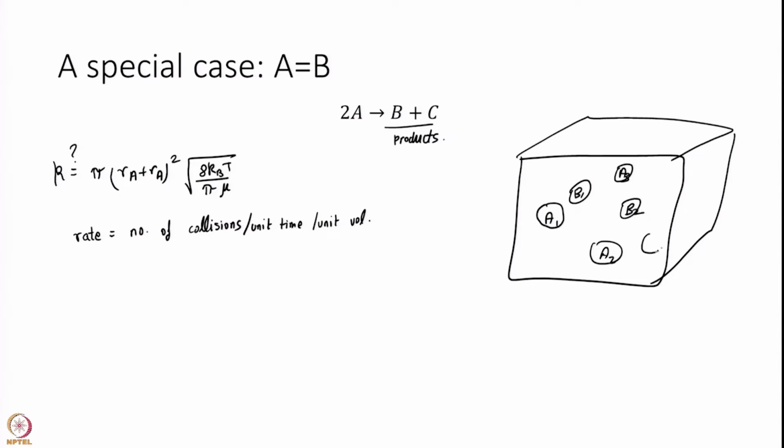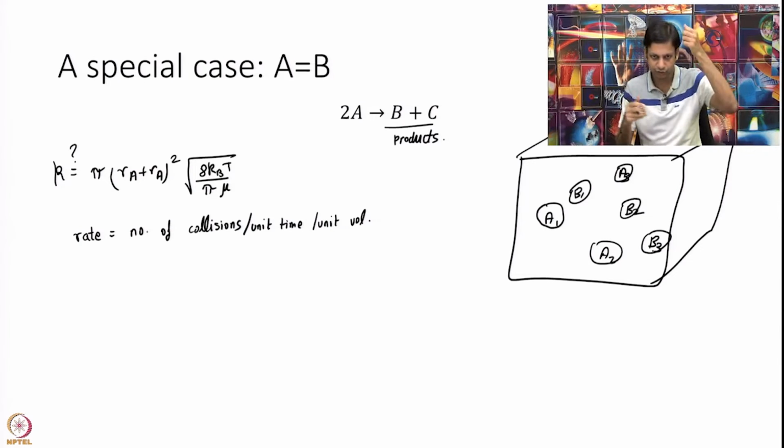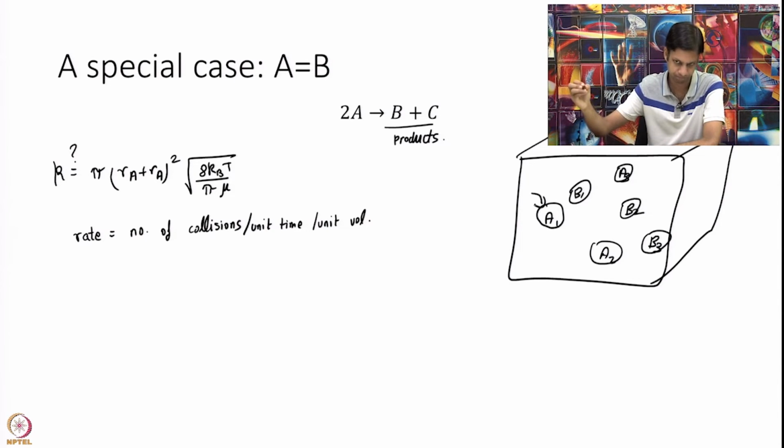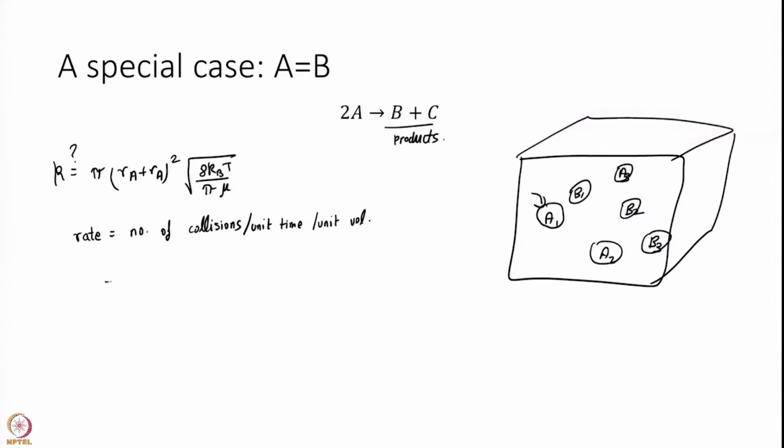So, I am again going back to the case when A and B are distinct. What I am really doing is I look at one particular A, I sit on A1, and I wait for time delta t, and I find the number of collisions A1 had. So, this essentially is an averaged quantity. Remember, all statistical mechanics is average.